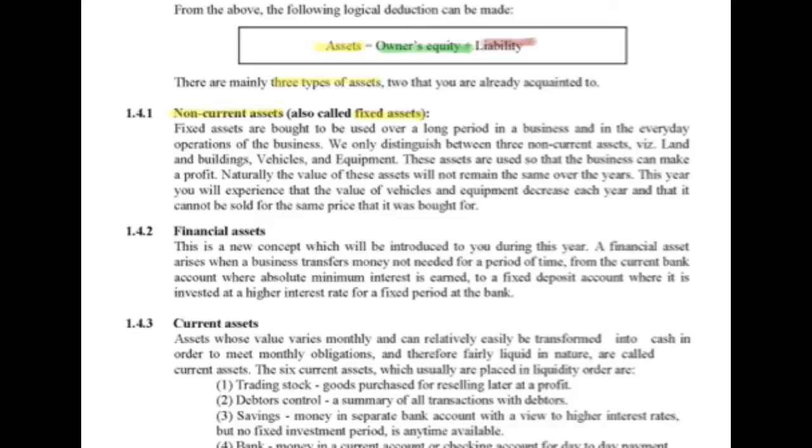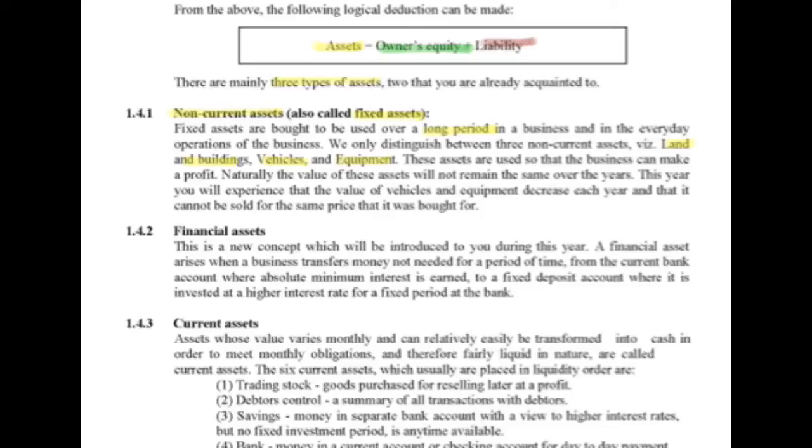Okay, so it's long-term. So fixed assets are bought to be used over a long period in the everyday operations of the business. We only distinguish between three non-current assets, namely land and buildings, vehicles, and equipment.